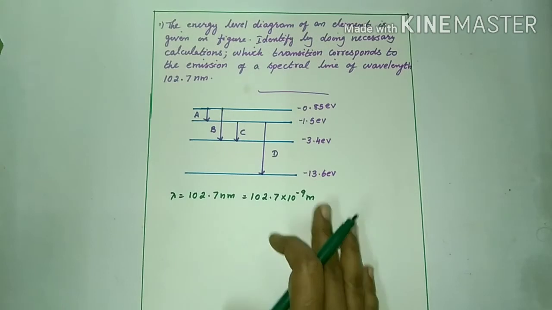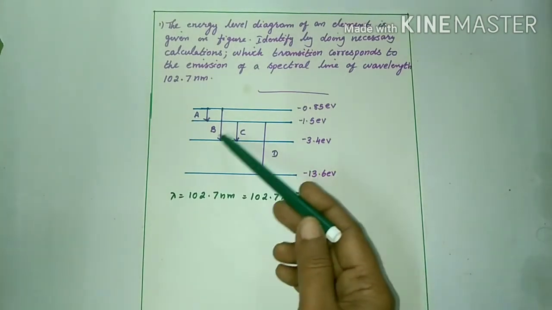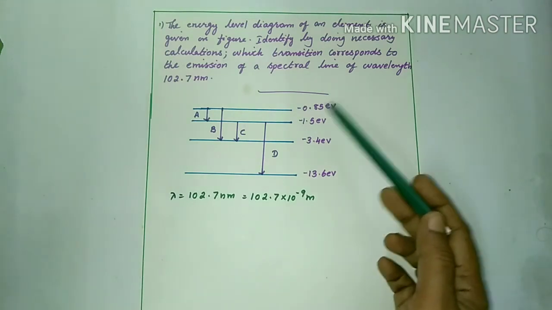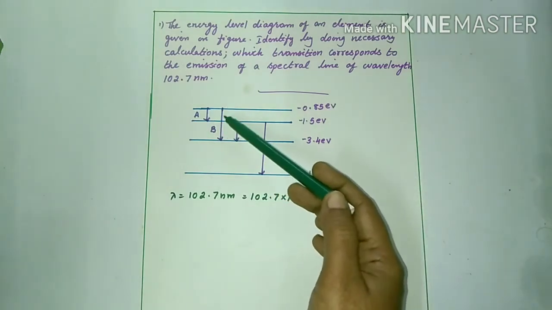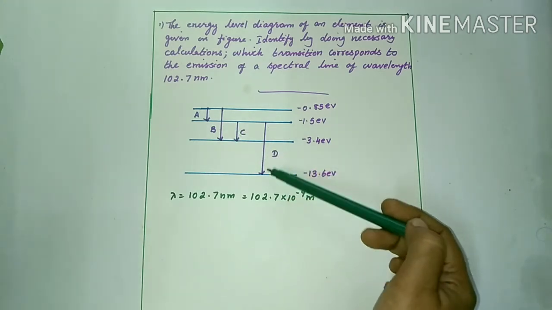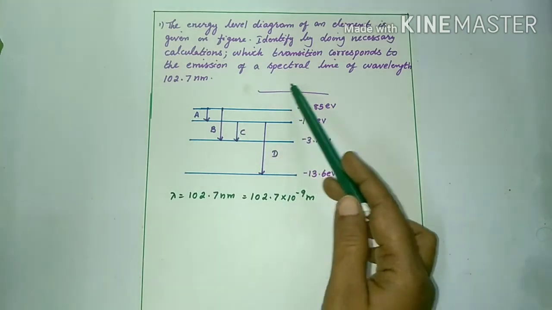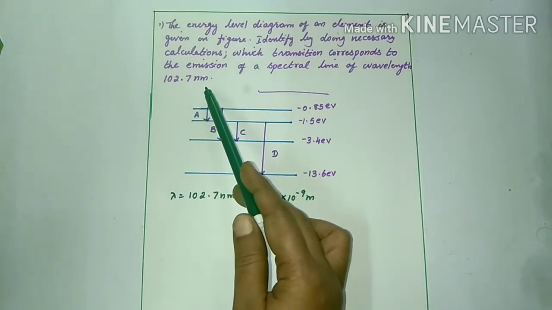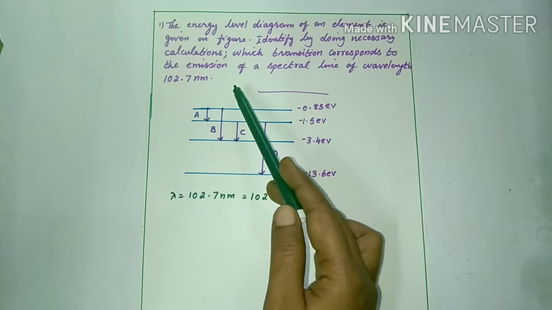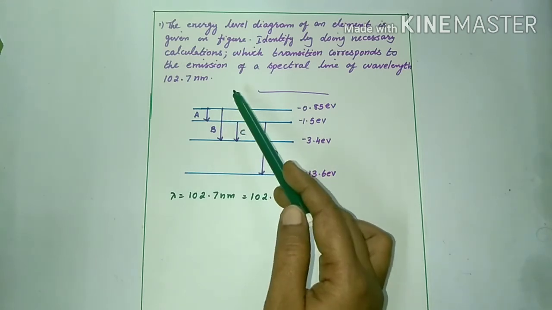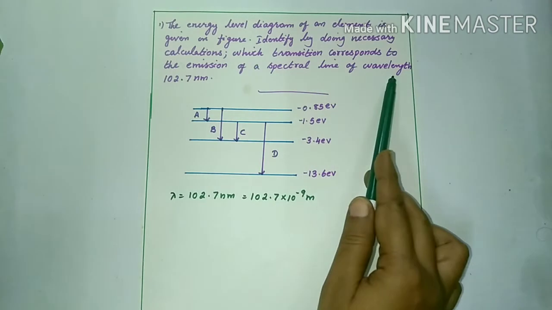You want to calculate which transition, that is A, B, C or D, corresponds to the wavelength 102.7 nanometer. So first you want to calculate the energy for the spectral line of wavelength 102.7 nanometer.